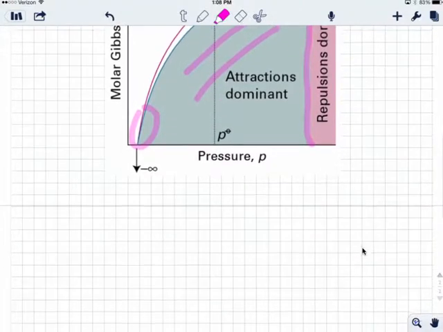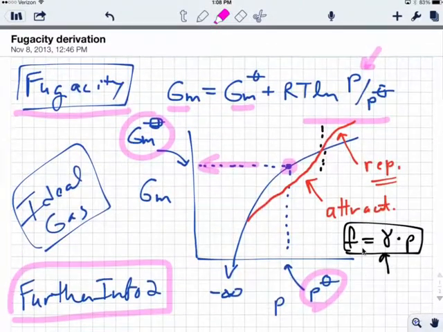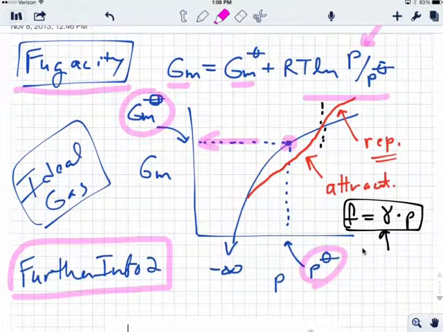So how should we go about thinking about this question, and how can we calculate perhaps what this gamma term is? What we can do is take the idea of fugacity and put it into our equation for Gibbs free energy, and we can compare that with ideal.